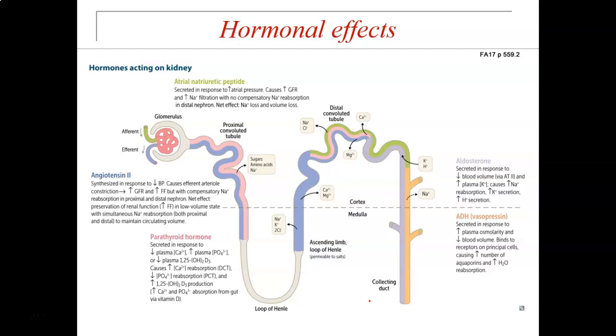So when we look at this, these are all hormones we've mentioned before: parathyroid hormone, angiotensin 2, atrial natriuretic peptide, aldosterone, and antidiuretic hormone, also called vasopressin.